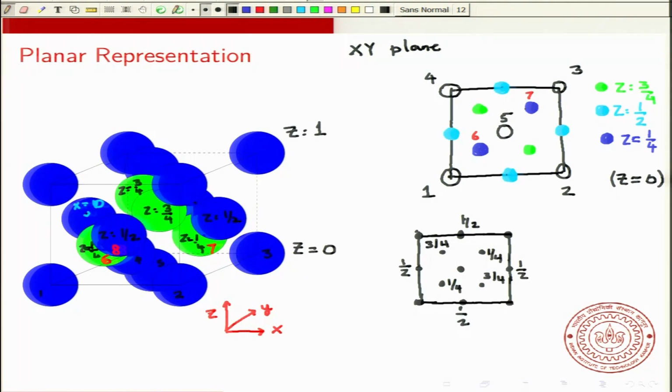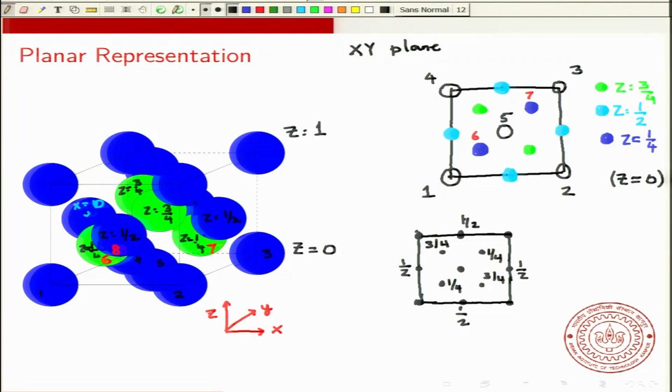The planar representations are something that you will find in several books and on several internet sites, and they are regularly used. Always they are represented in terms of fractional coordinates. You can extend these to unit cells of any shape, and this is regularly done.